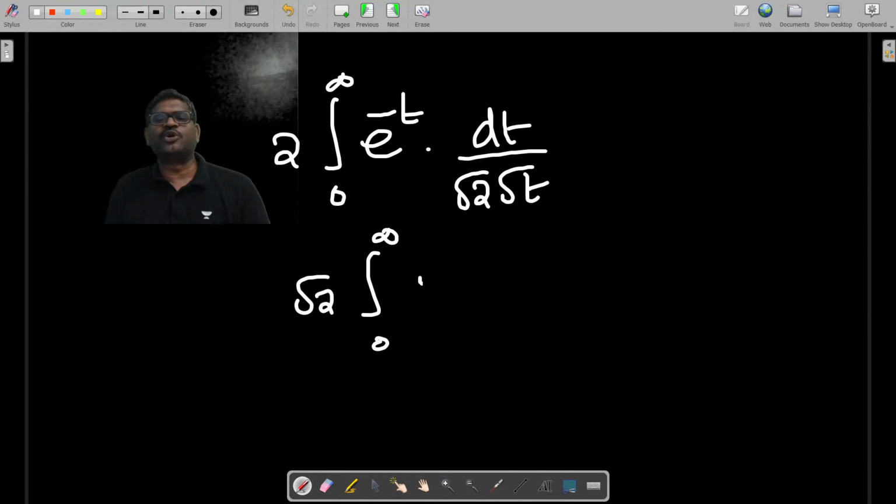That gives root 2 into integral 0 to infinity e power minus t, t power minus 1 by 2 dt.